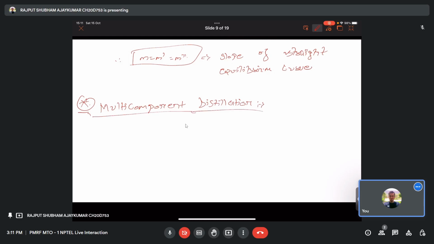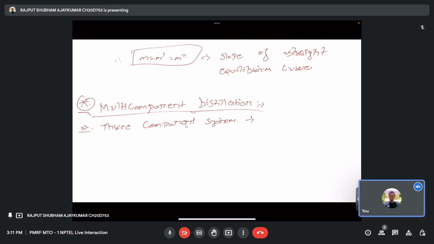A multi-component system, first of all, is a 3-component system, so the graphical treatment is possible using the triangular diagram.